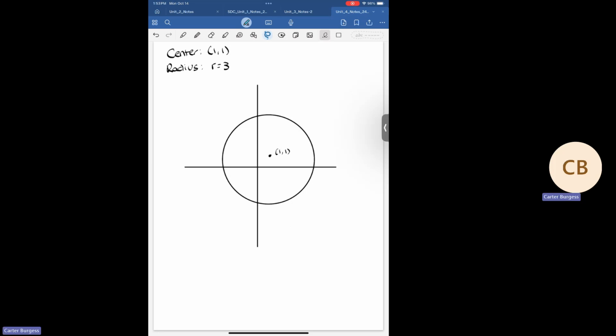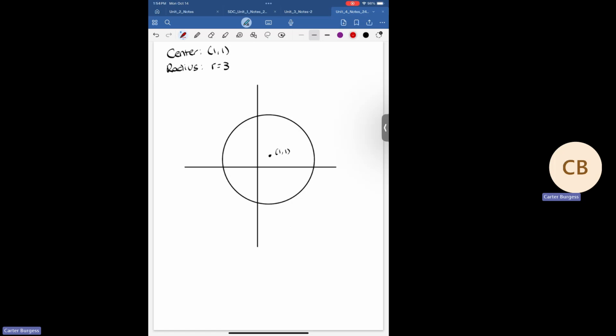Okay, let's talk about what this radius actually means. If we're talking about what the circle actually is, we can notice that the circle is really a collection of points around the center, right? The center is not a part of the circle. It's a feature of the circle.